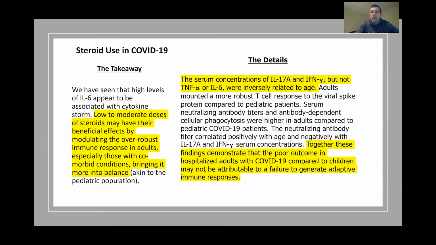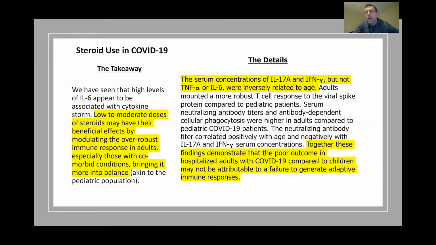What we find is that in children, interleukin 17 and interferon gamma were elevated, and this appeared to be beneficial and allowed them to handle the virus more. But in adults, tumor necrosis factor alpha and interleukin 6 were more elevated, and those seem to have had more detrimental effects.